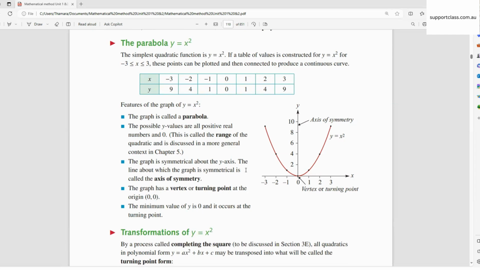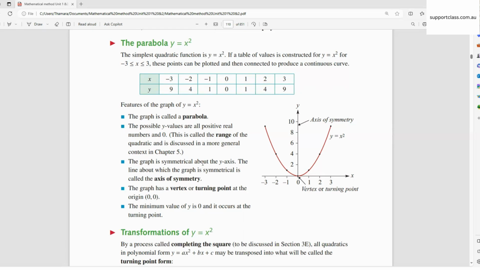What are the characteristics of this graph? When you are describing a graph, you would like to express yourself with a few key points, which is the way we describe this graph.